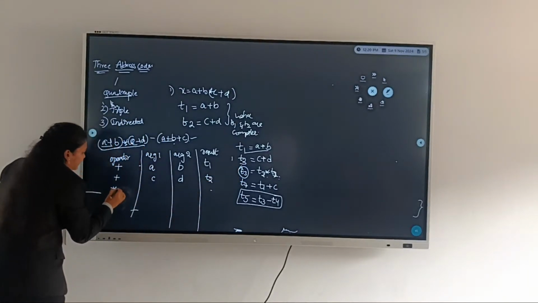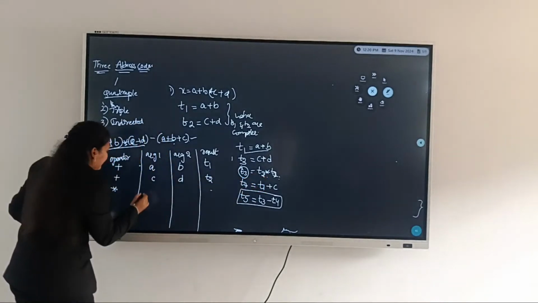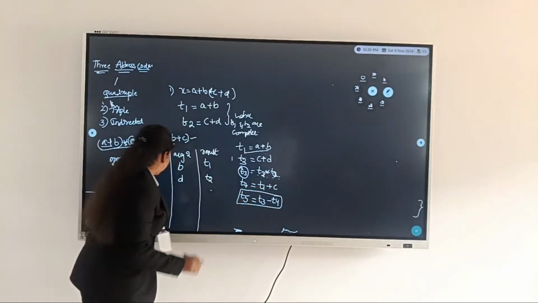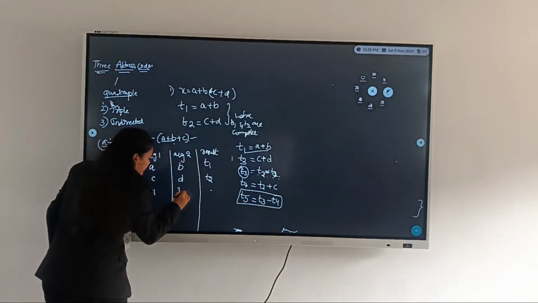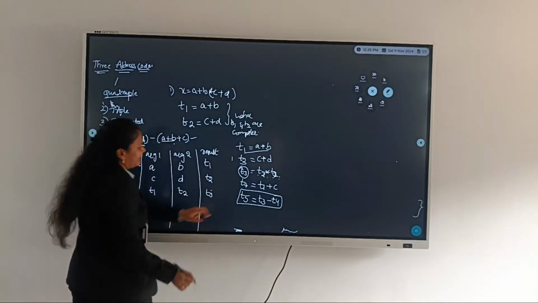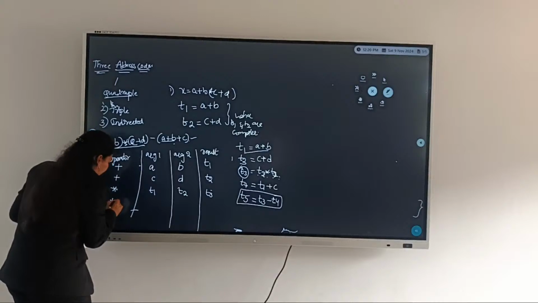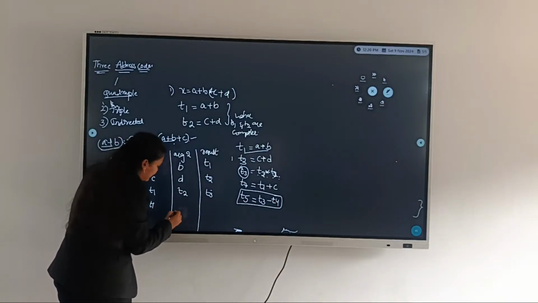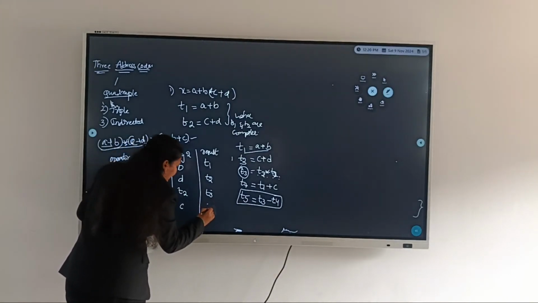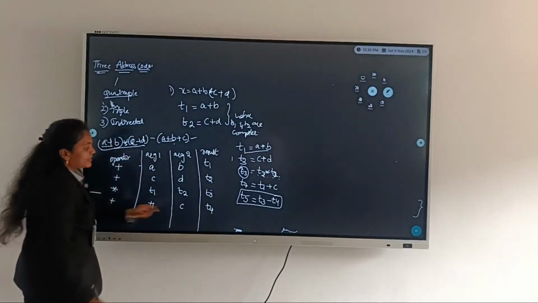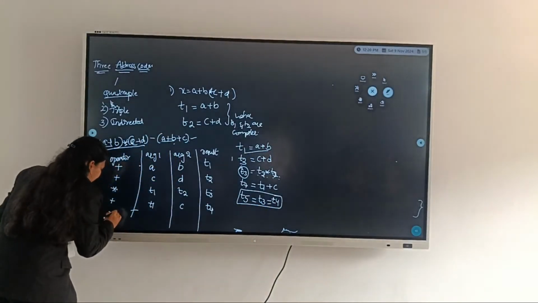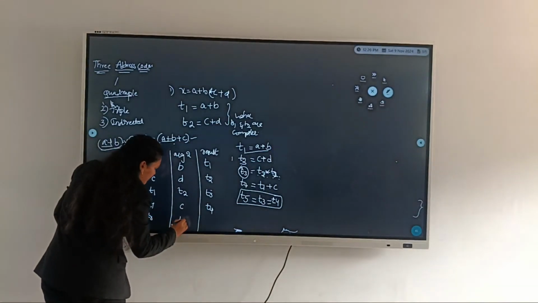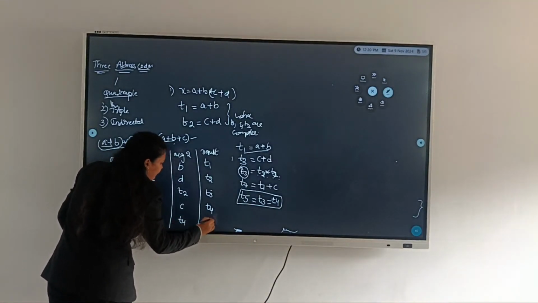When coming to T3, the operator was star, argument 1 is T1, argument 2 is T2, result will be T3. Coming to T4, the operator was plus, argument 1 is T1, argument 2 is C, result will be T4. Coming to T5, the operator was minus, argument 1 is T3 and argument 2 is T4 and it will be stored in T5.